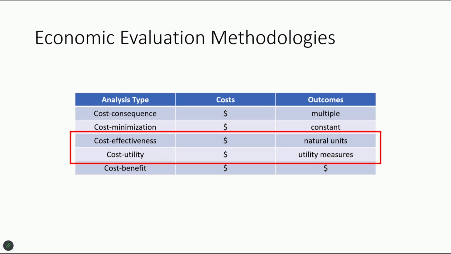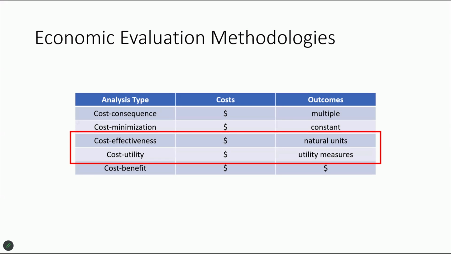So cost effectiveness and cost utility analysis, the terms are often used interchangeably. In particular, cost utility analysis is often referred to as cost effectiveness and lumped under the same umbrella, even in this presentation. Both account for differences in cost and outcome.